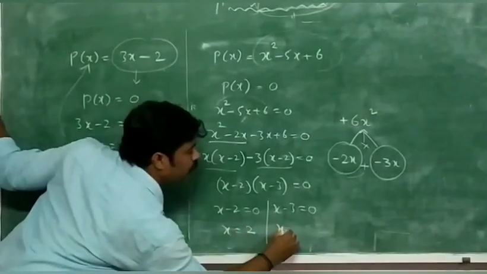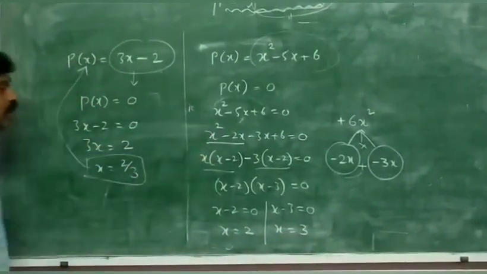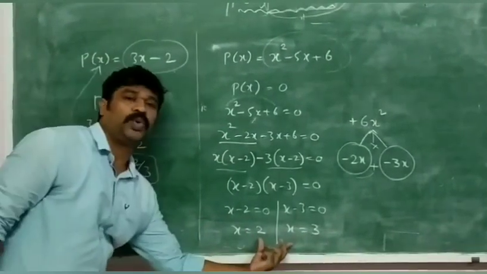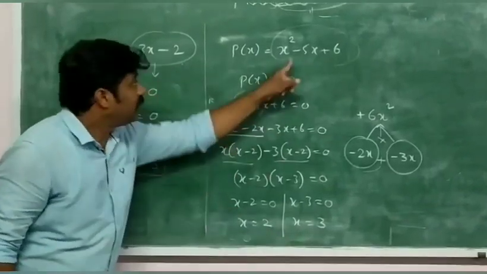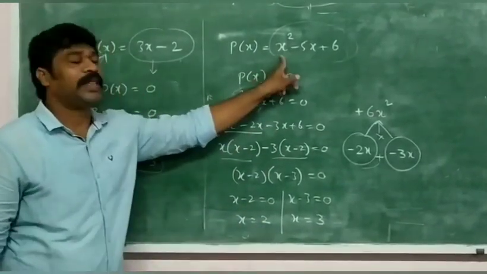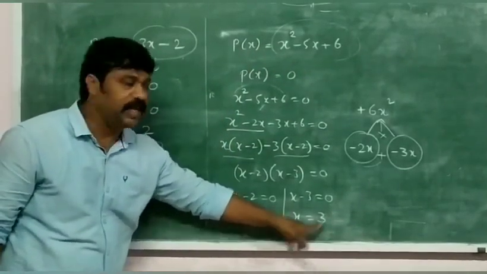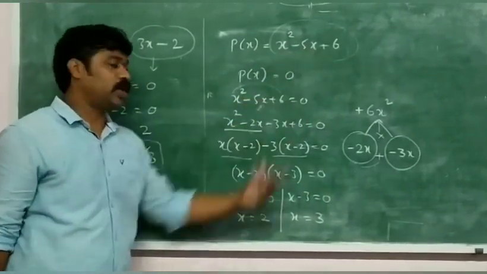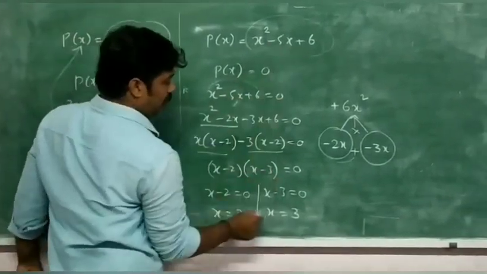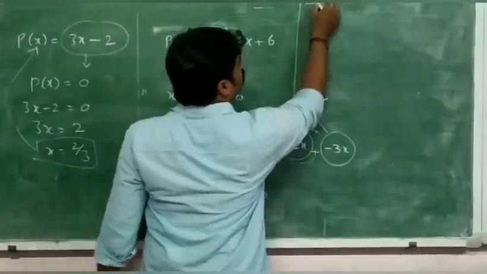So x is equal to 2 and x is equal to 3. So here we are getting two zeros. In place of x, if you substitute 2, then this polynomial becomes 0. Similarly, if you substitute 3 in place of x, then also this polynomial becomes 0. So the zeros of this polynomial are 2 and 3.